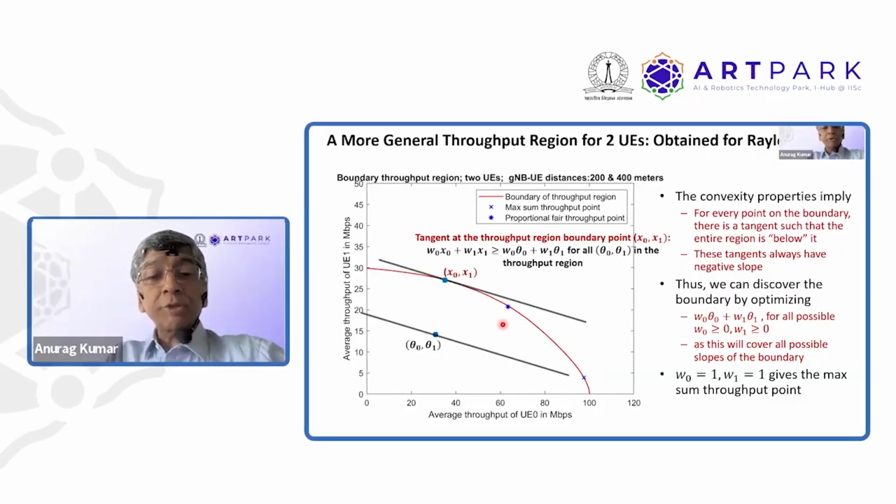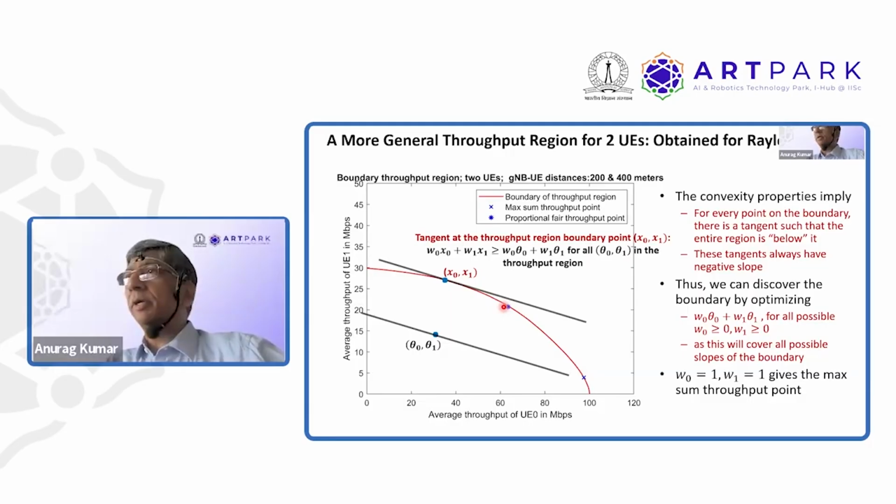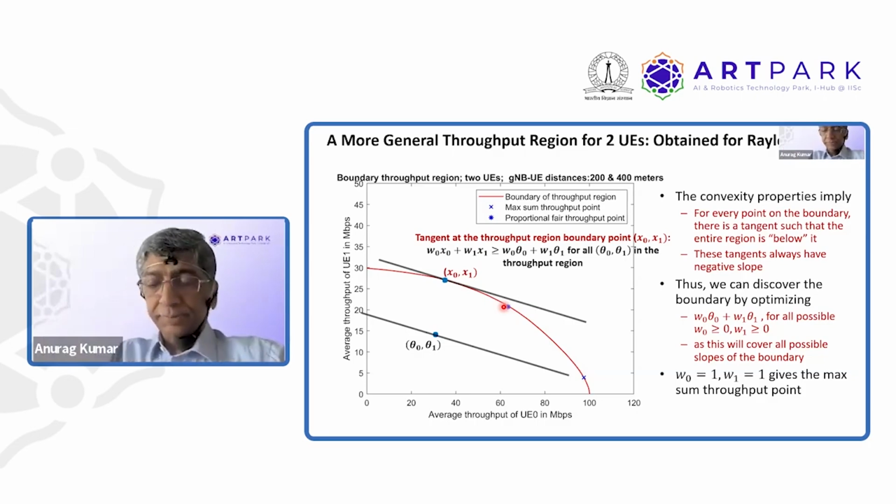This is the so-called proportional fair point. It is a practical point that operators often use. And we will spend a lot of time understanding the proportional fair point, its properties, how you schedule for it, why it's called proportional fair, and all these things.